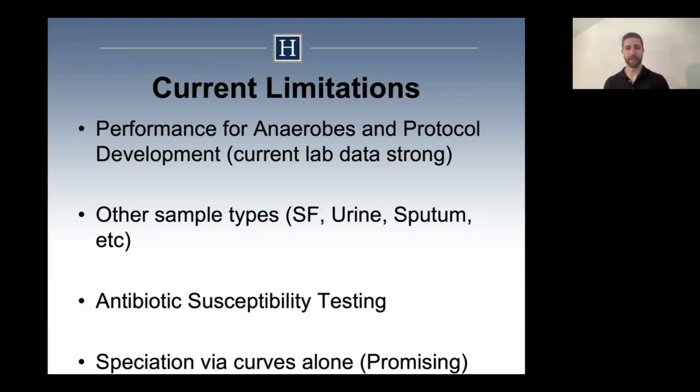And the last thing really has 2 parts to it, which was speciation by the curves alone. One of the limitations that we see with the early portion of the process that we have been doing was the need for a reculture afterwards to truly speciate the pathogen.